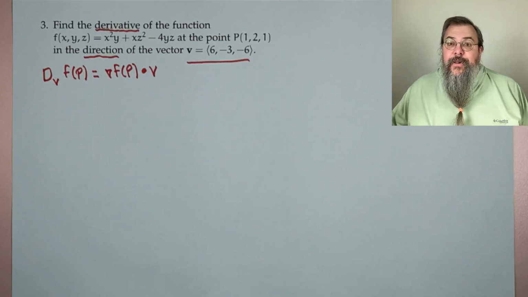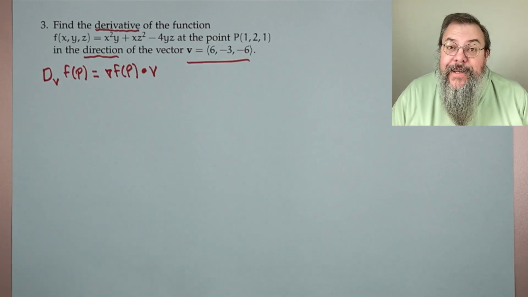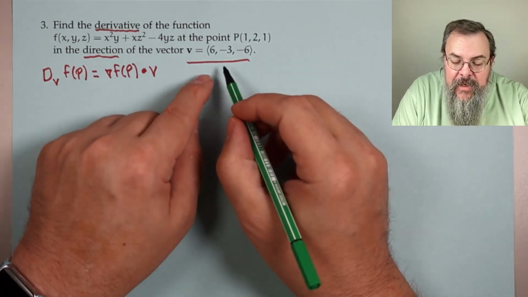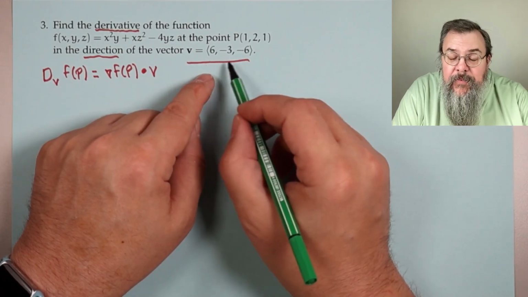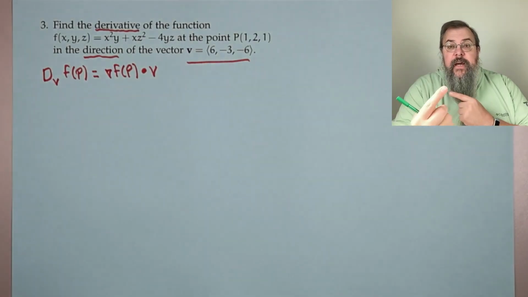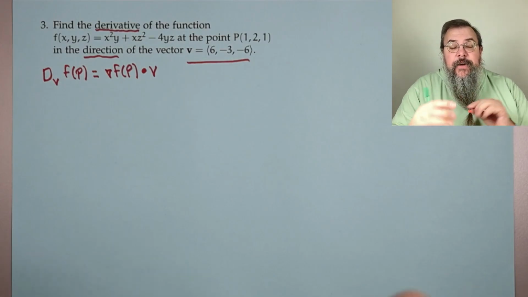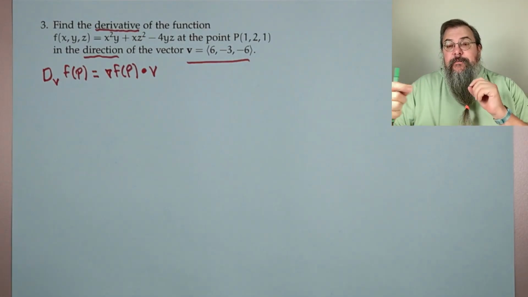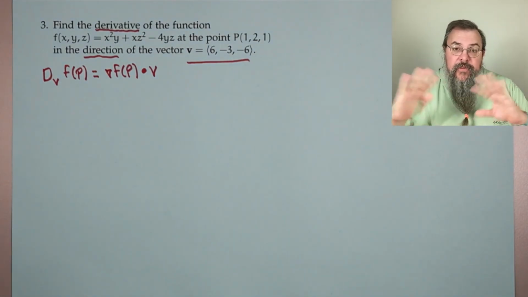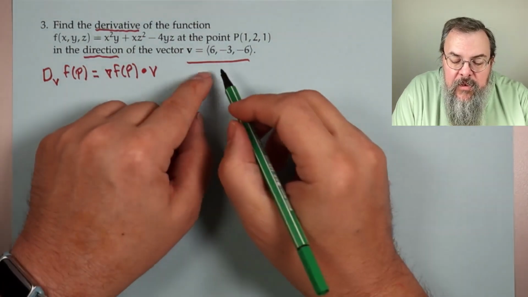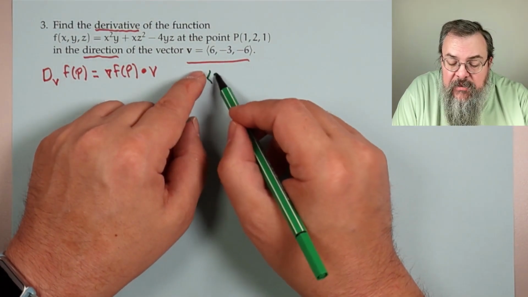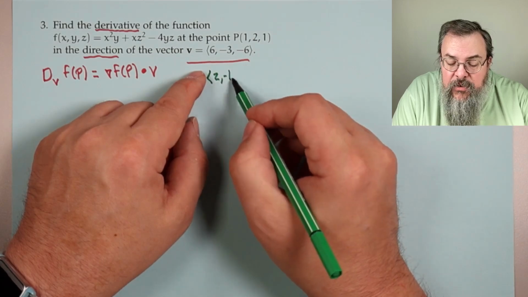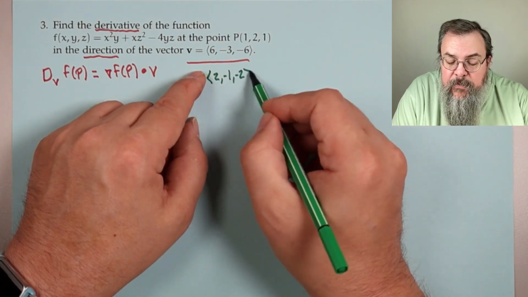Let's go ahead and get some low-hanging fruit out of the way. Let's make this into a unit vector. I can start by scaling, but I don't want to flip the direction, so I don't want to scale by a negative value. If I scale by a positive value, it's the same direction. Since everything has a factor of 3, for simplicity, let's divide out by a factor of 3: 2, minus 1, minus 2.